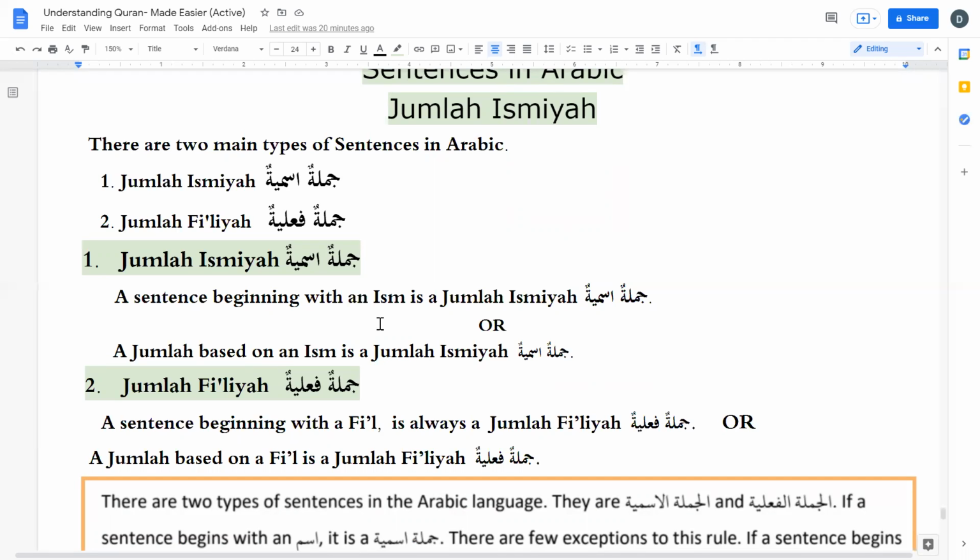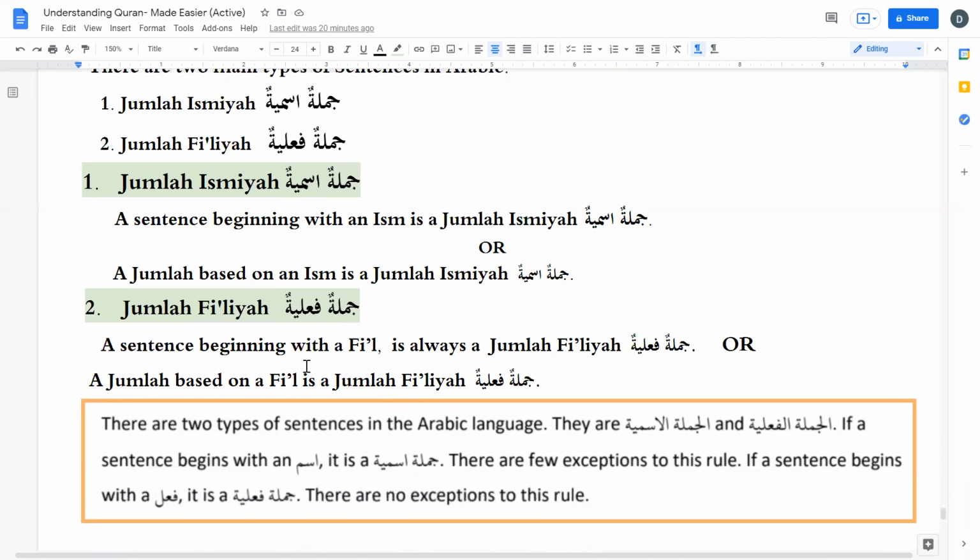In other words, you can say a sentence beginning with an ism is a Jumlah Ismiyah. There are some exceptions to it, but usually if a sentence begins with an ism, it is Jumlah Ismiyah.